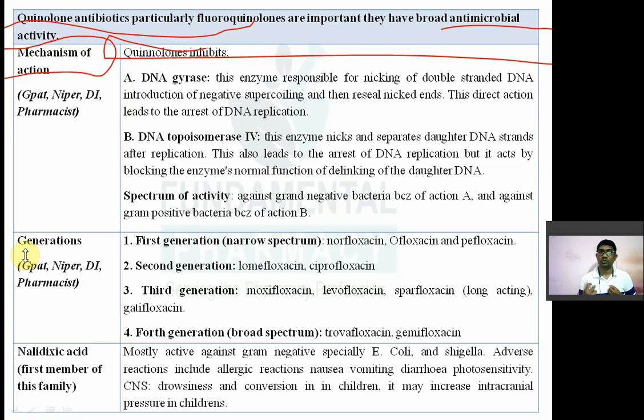That is known as supercoiling. So DNA is like a twisted rope; if you open the strands at one end, there will be supercoiling at the other end.